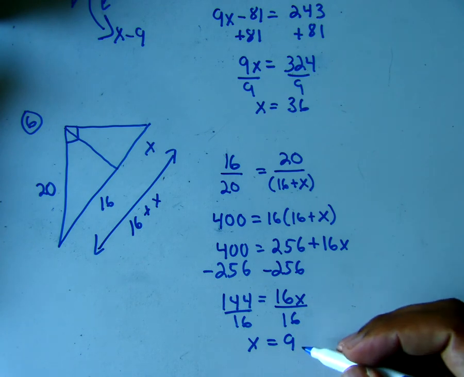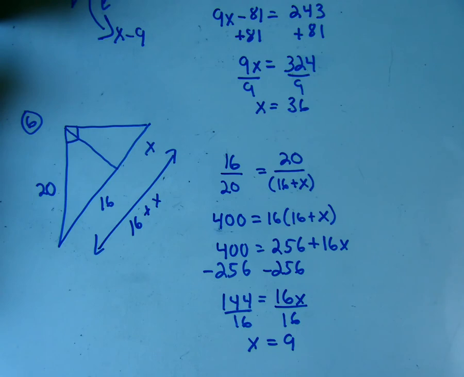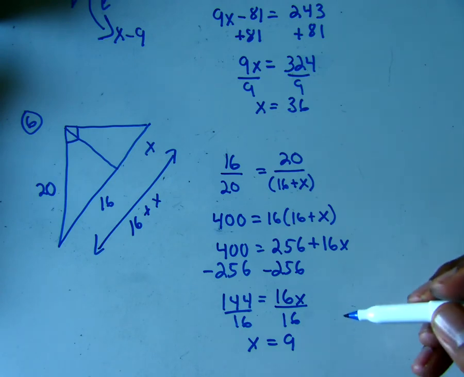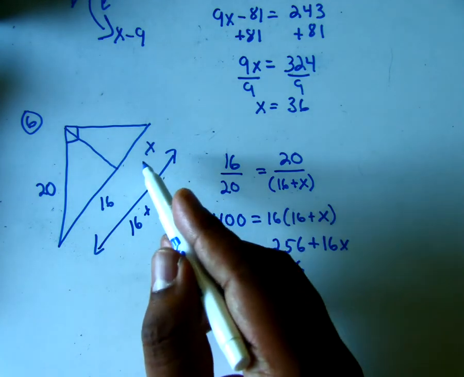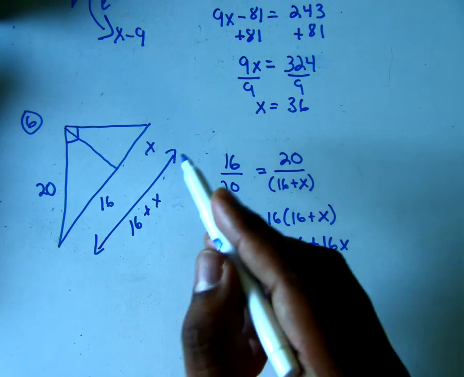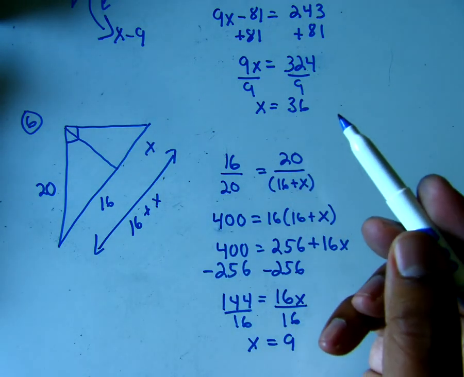So the value that goes in here is 9. And if you want to double check, you could take a look and see that they make sense. If we plug 9 in here, then the value for the whole hypotenuse is 25.